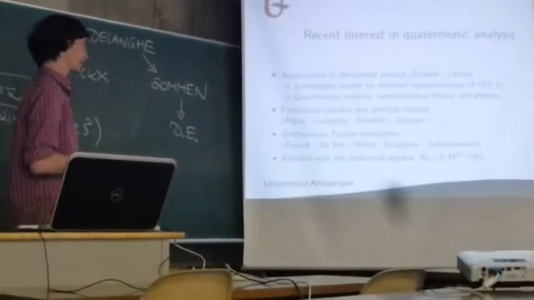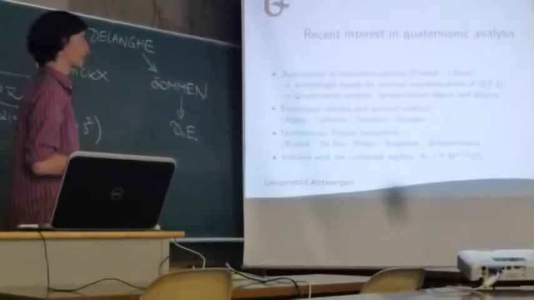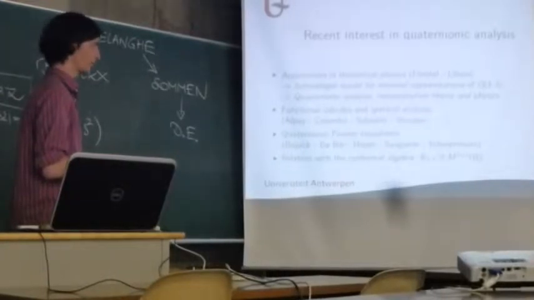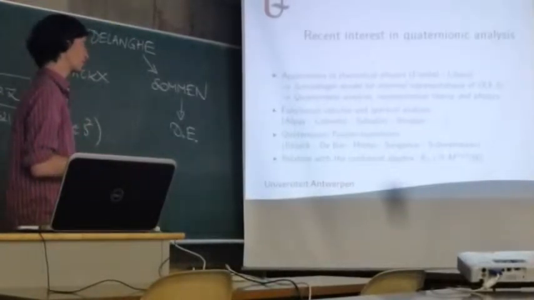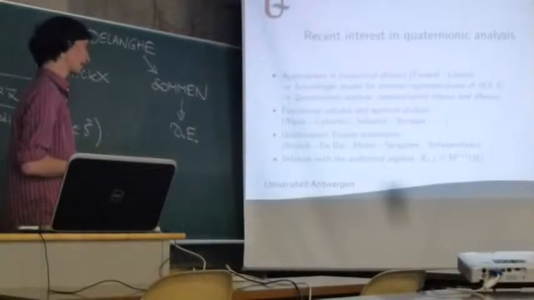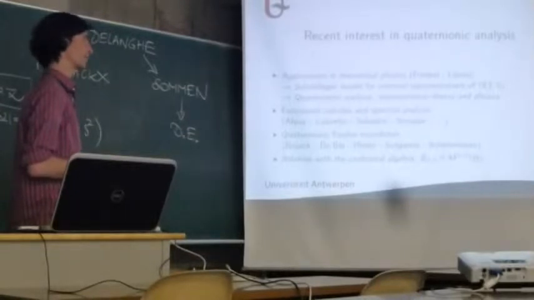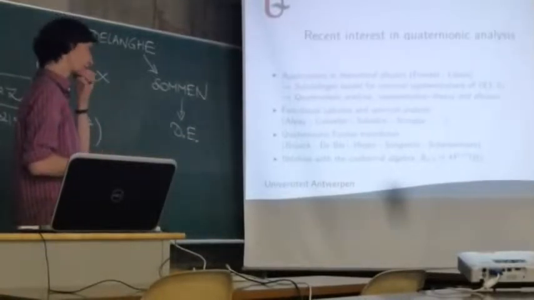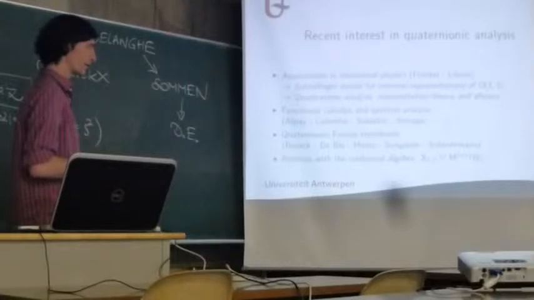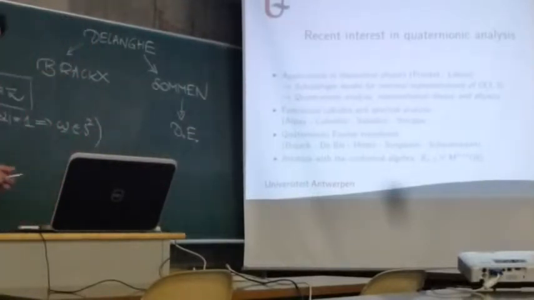So Professor Hitzer, Bujack, Debye, Sangwine, and Scheuermann, I should have put dots here as well, many people working on Fourier transforms. And another reason is that the quaternions also pop up in the conformal algebra. So conformal geometry, the conformal geometric algebra, is in a sense also related to quaternions. So it's quite recent, these fields.